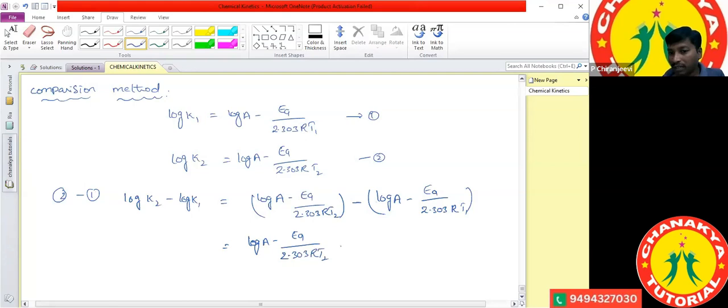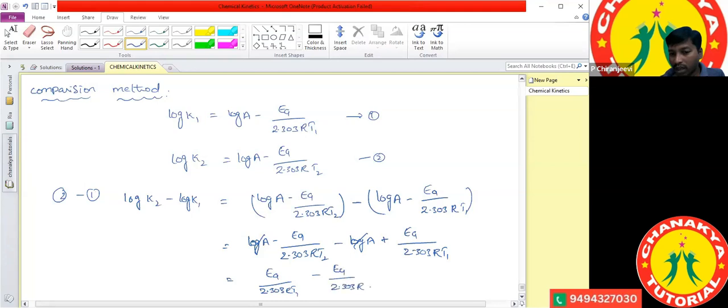Here minus into plus, you will get minus only: minus of log A. And minus into minus you will get plus: plus Ea by 2.303 R T1. Here log A minus log A is cancelled. What remains is plus Ea by 2.303 R T1 minus Ea by 2.303 R T2. Now I am writing it in a systematic manner: Ea by 2.303 R T1 minus Ea by 2.303 R T2.